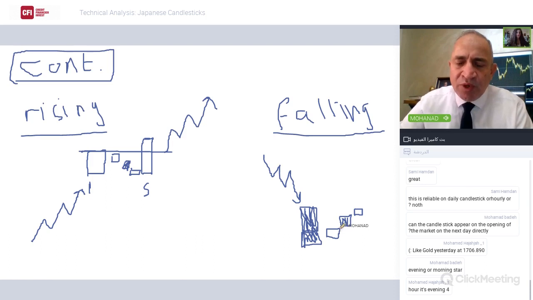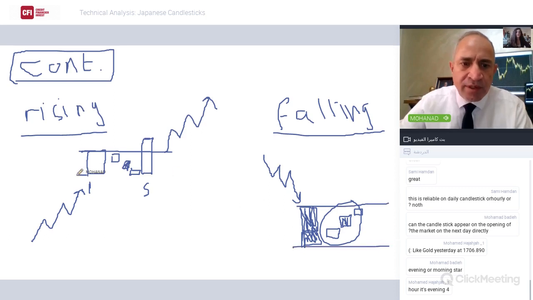But we should consider that the open and the close of the three small bodies should be within the open and the close of the first candle. Absolutely. Okay, perfect.